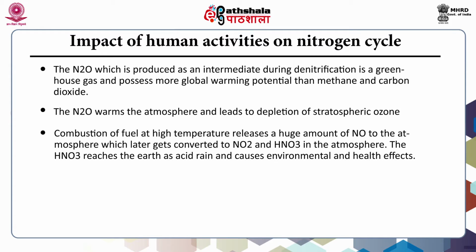Now, HNO3, you all know, is a major constituent of acid rain and it causes a lot of environmental and health effects, like it increases the pH of your water body and it affects the marbles and all those things.